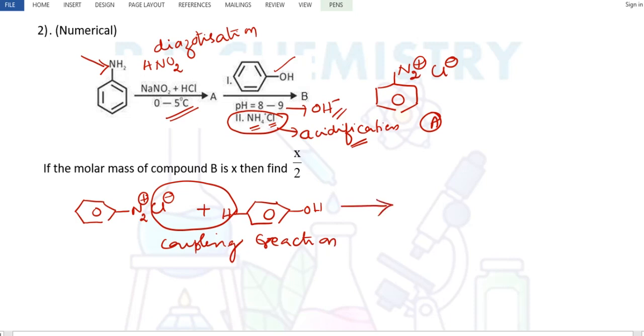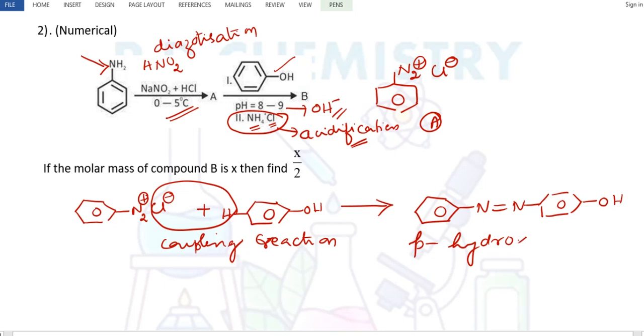So we'll be writing the product. After acidification, the final product would be a benzene ring attached to N double bond N, then attached to the benzene, then attached to the OH at the para position. This is called para hydroxyazobenzene. Correct?